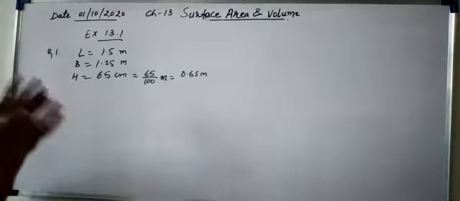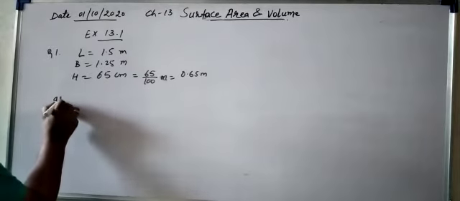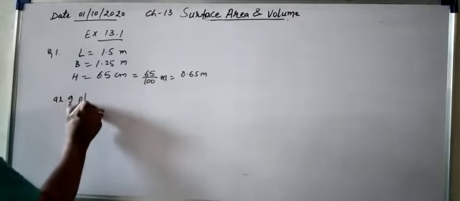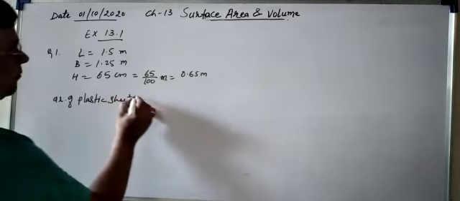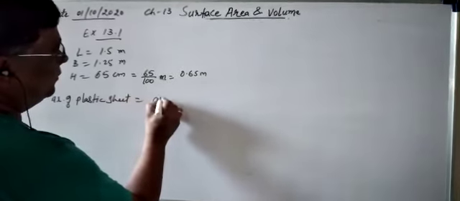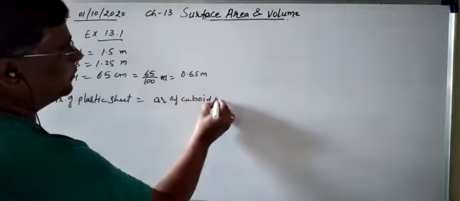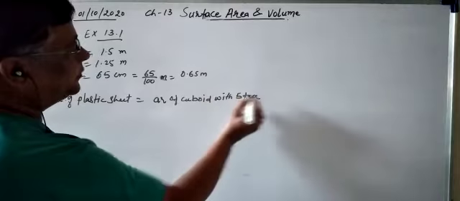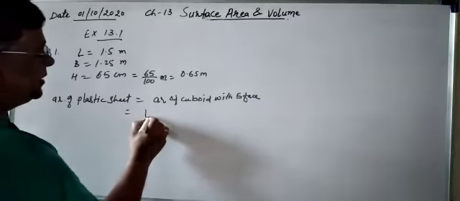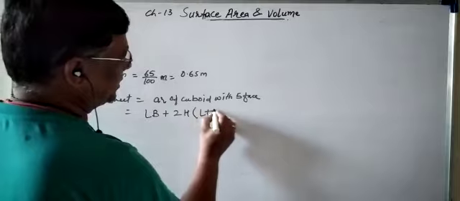Now because this box is open at the top, we go for the area of the plastic sheet, that is the area of a cuboid with 5 faces. That area is length into breadth plus 2 into height into length plus breadth.